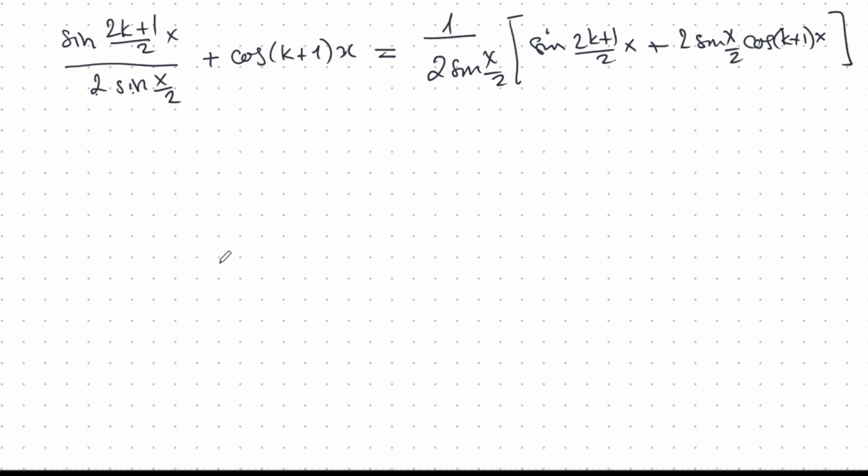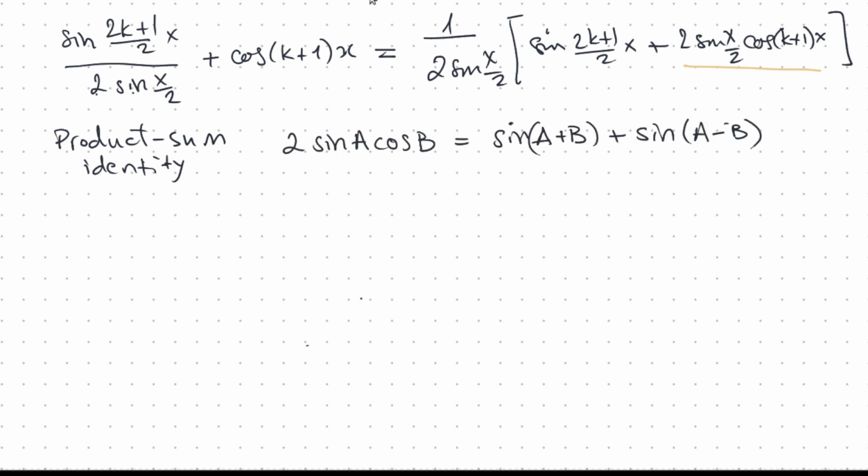Now let's look at this here. I have a product, and so maybe you're going to guess. The last time we used the sum-product rule, but now we're going to use the product-sum rule, or product-sum identity. It's one of several such identities. They're all related.